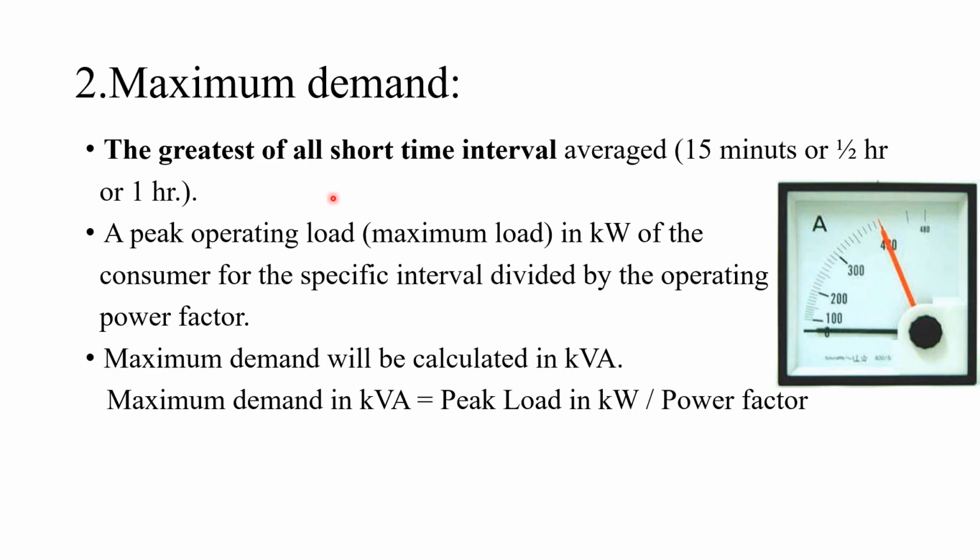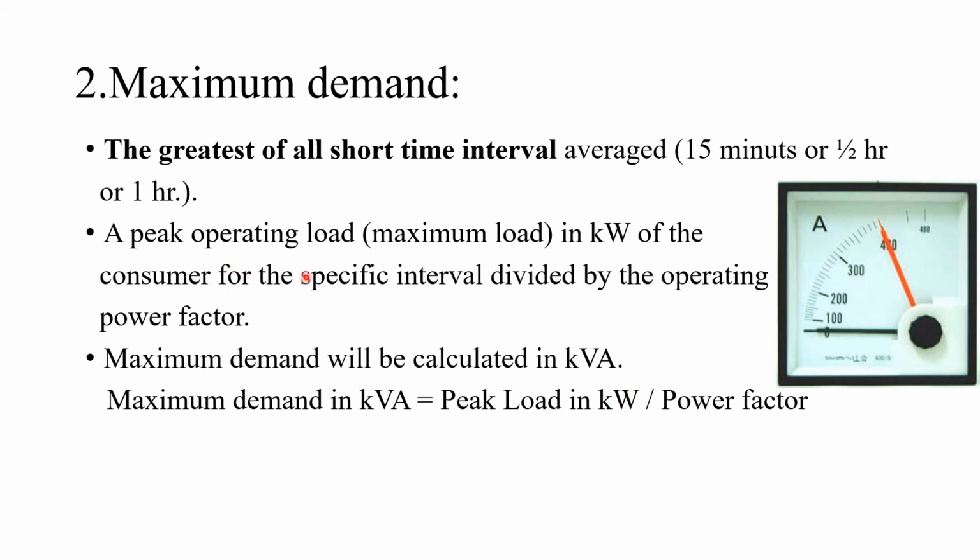The maximum demand is mainly provided by the electricity providers, and whether it is calculated over 15 minutes or half an hour is decided by the electricity suppliers. In most states in India it is half an hour. The half hour maximum demand is measured in generating stations by using a maximum demand meter.